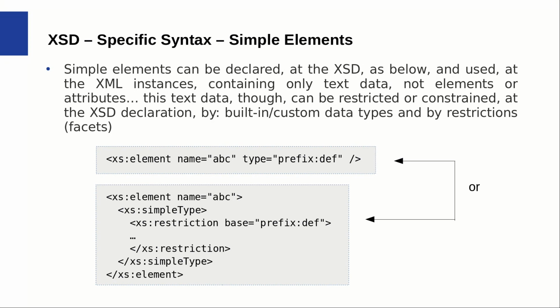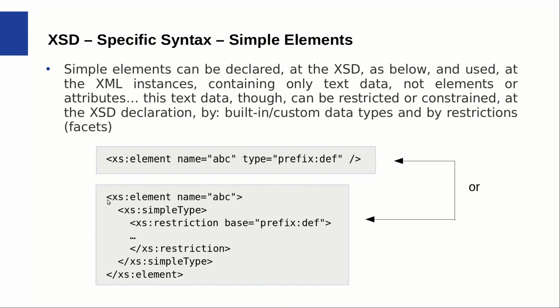So this is the shortest form for declaring a simple element. But we have another option, and sometimes it's not an option, it's something you have to use, that does, in this case, the same thing.